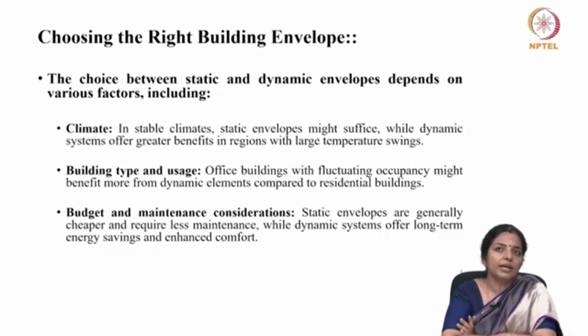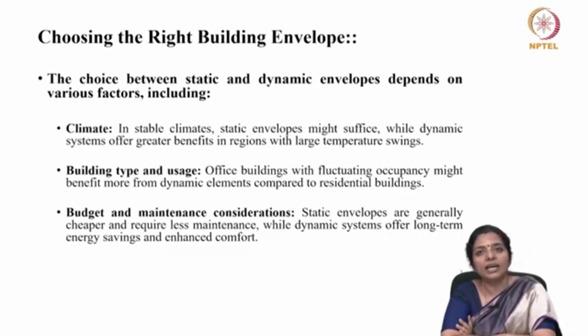Choosing the right building envelope. The choice between static and dynamic envelope depends on many factors. These include the climate. In very stable climates, the static envelope might suffice. But that is not how nature works.